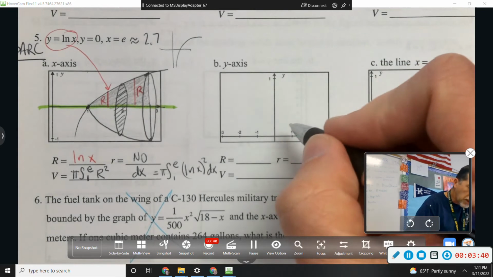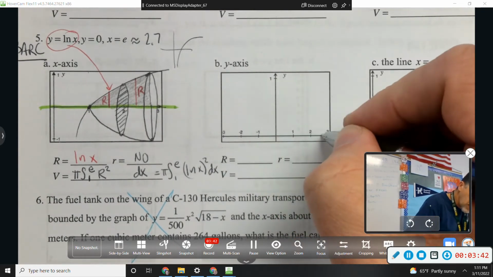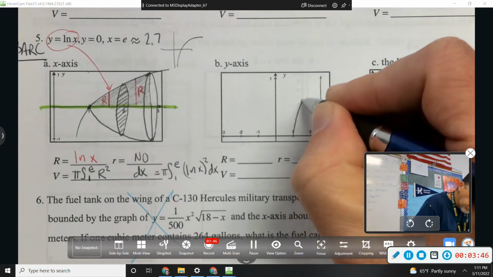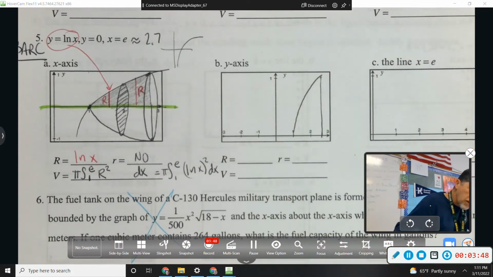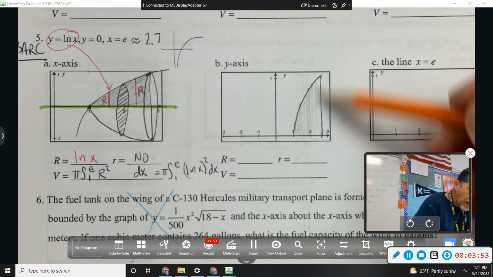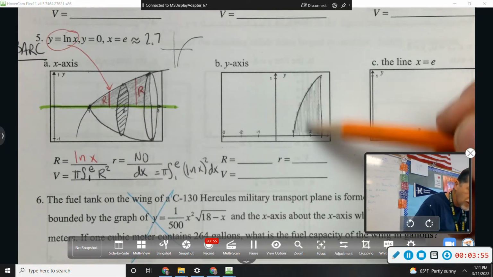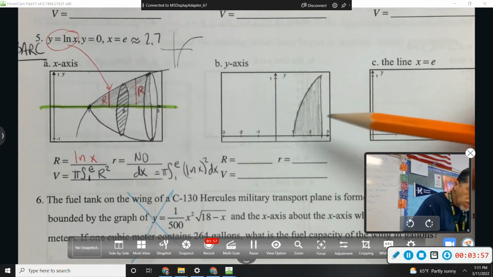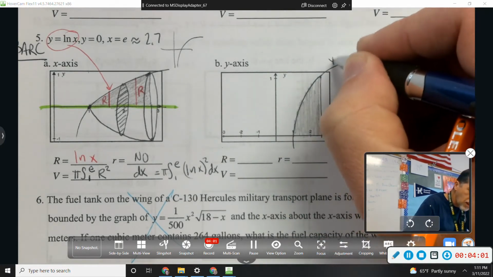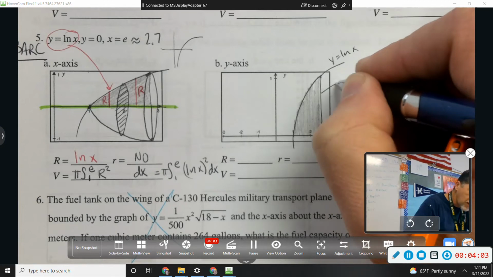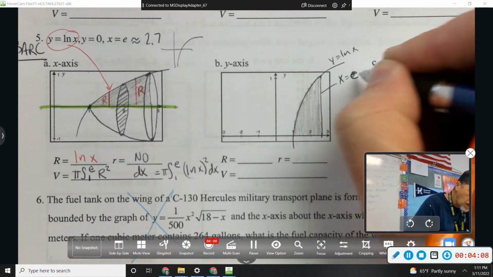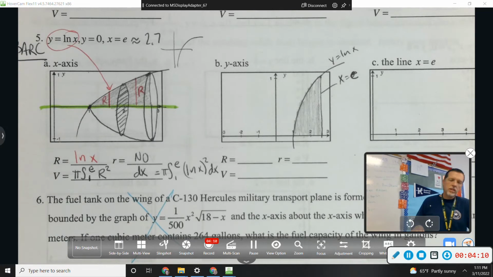All right, part B. So it's the same shape, the same base as part A. It looks different because the scales are different. But it's still, there's the natural log of x, x equals e, and y equals 0.